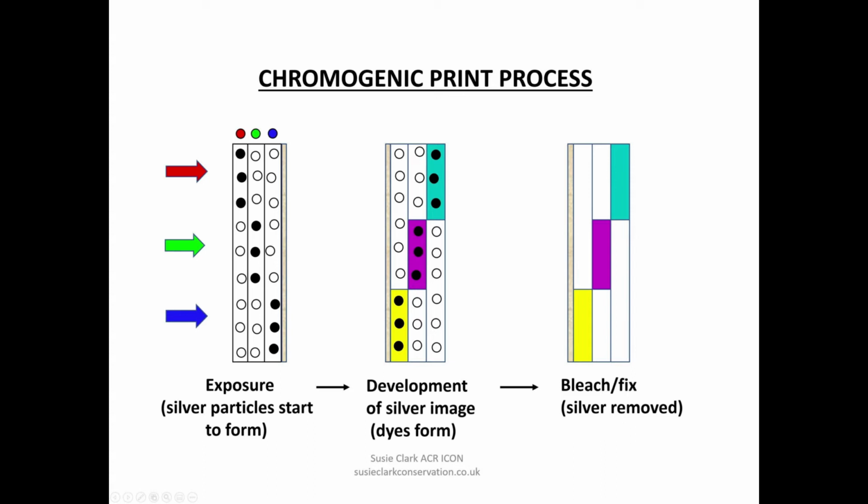After exposure to a colour negative, the silver image in the printing paper is developed, and the clever part is that during development the developer is oxidised and becomes the other part of the respective dye molecule. So dyes are therefore formed in areas of silver. Silver is then bleached out, leaving a multicolour dye image.